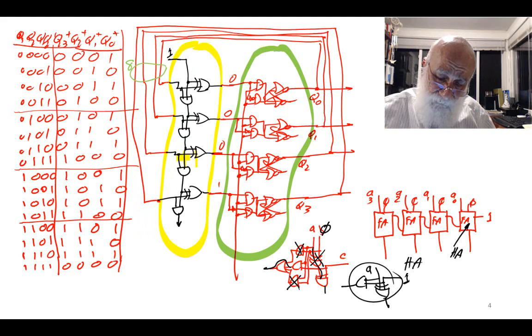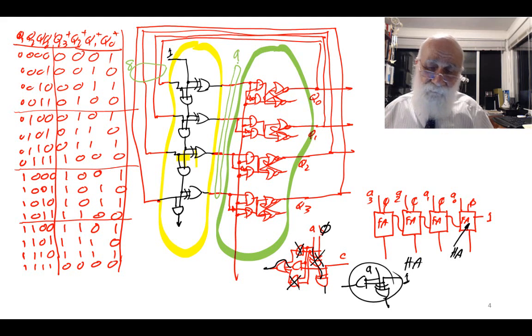That number 8 gets incremented by this array of half adders and becomes 9.